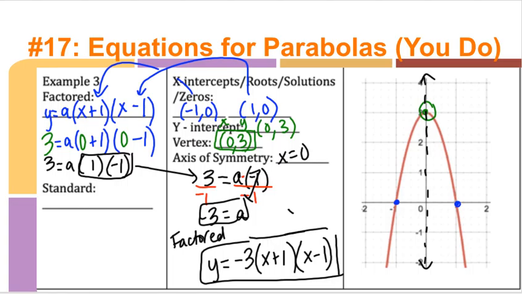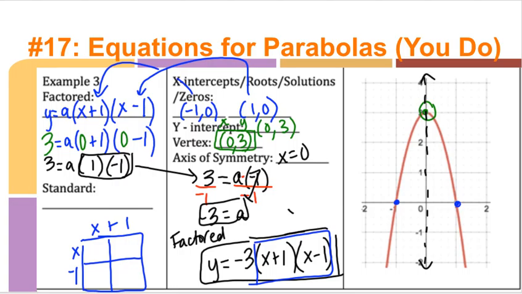To find my standard form equation, I want to multiply (x + 1) and (x − 1), and then distribute the −3. So (x + 1)(x − 1) gives me x squared, +1x, −1x, and −1.